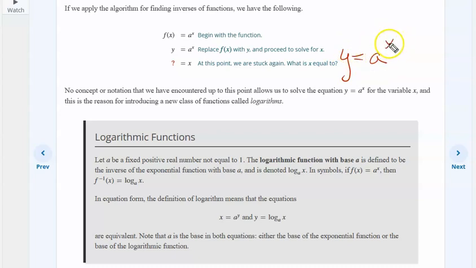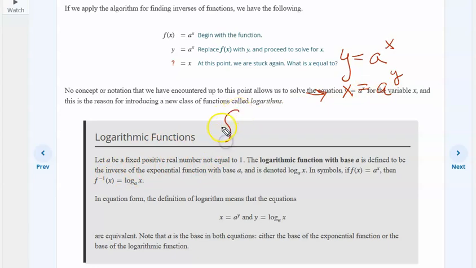Our variable is x. If we switch these two around and we go x equals a to the y, we're going to get what is called the inverse of this. And this value here is where we get our logarithmic function from. And the symbolism is described here, but read it carefully.